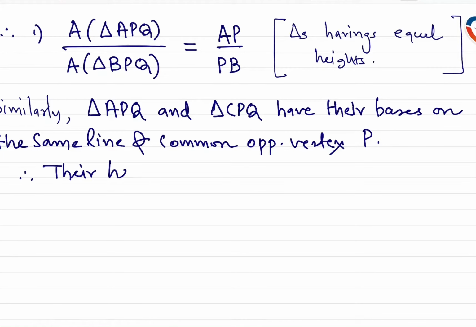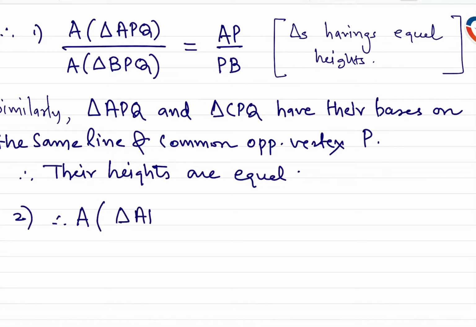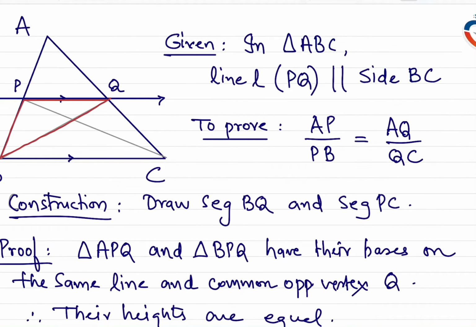And if the heights are equal, then I can say therefore area of triangle APQ upon area of triangle CPQ will be equal to the ratio of the bases.